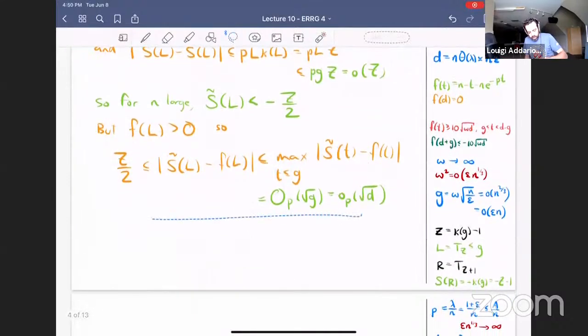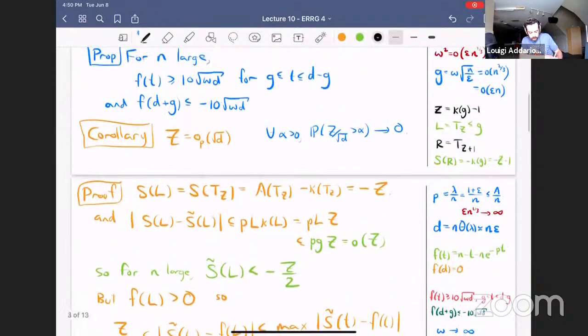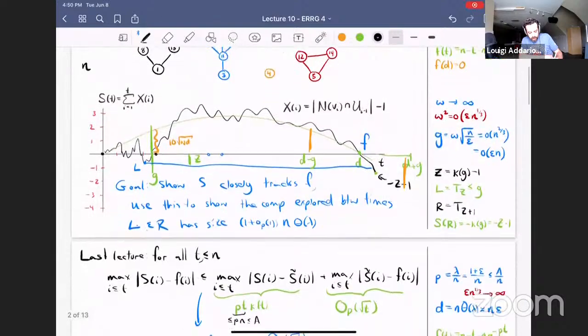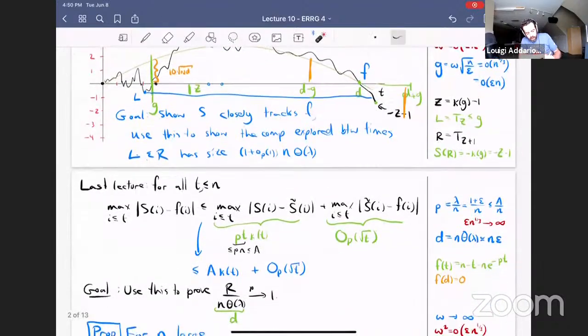And now I want to derive one more bound. This kappa t bound looks a lot better when t is small, because that's when we potentially have better control over the number of components explored.